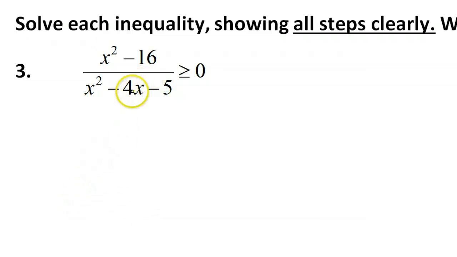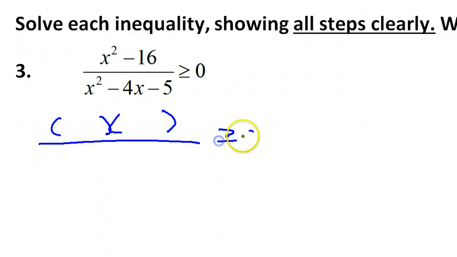Normally, our first step on these problems is to get 0 on one side. But we already have 0 on one side, so we don't have to worry about that. I'm going to go ahead and factor this just so I can see what's going on, and we're going to need some of these factors later. So, of course, x squared minus 16 is the difference of two squares.